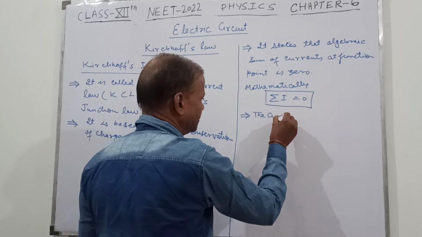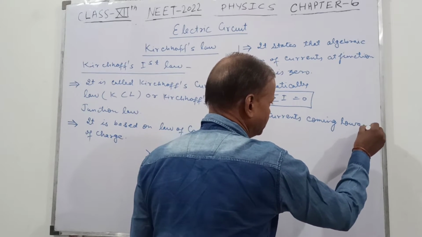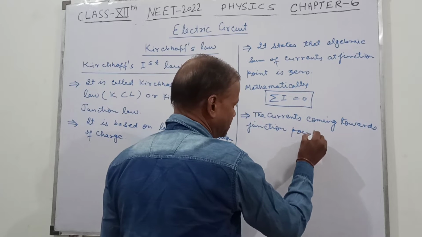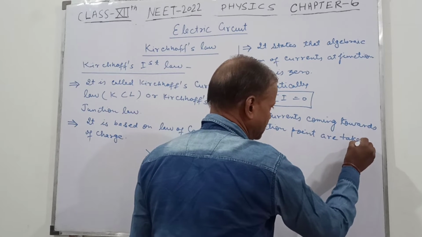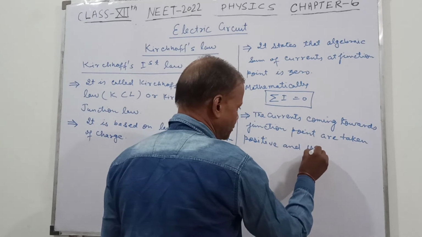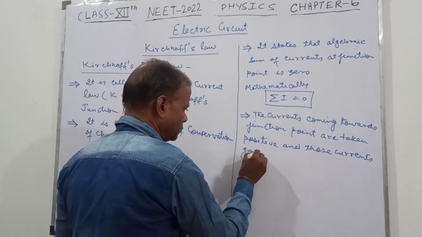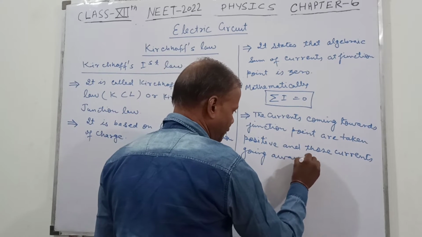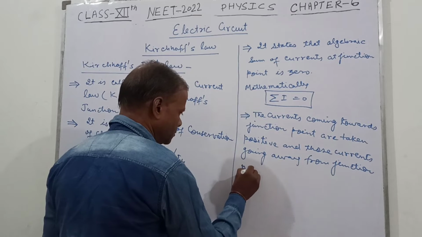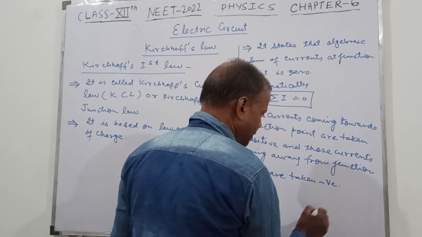The currents coming towards the junction point are taken positive, and those currents going away from the junction point are taken negative.